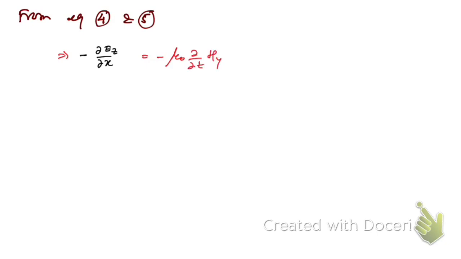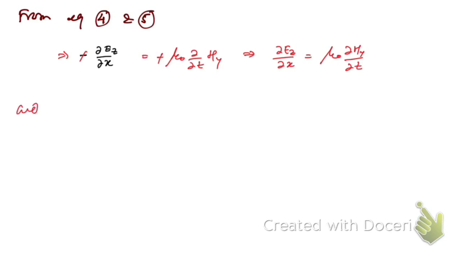Minus minus gone, right? So that implies del E by del x is equal to mu naught del Hy by del t. That's what we got.